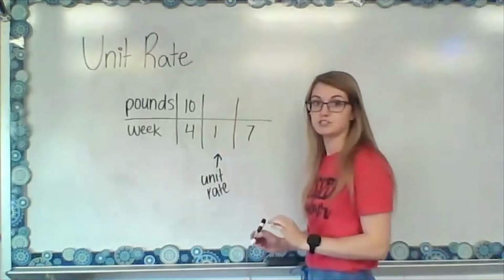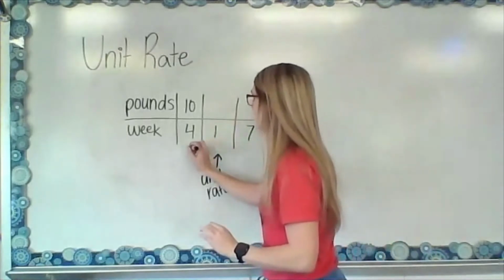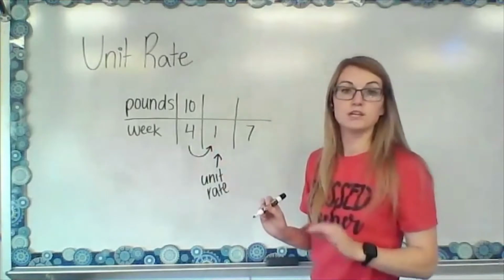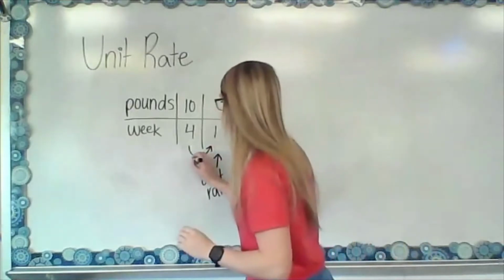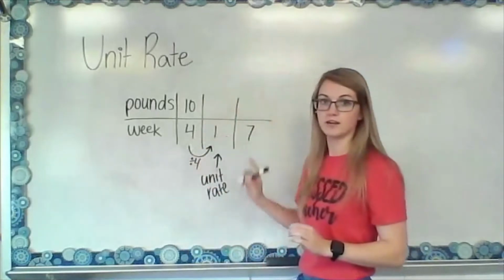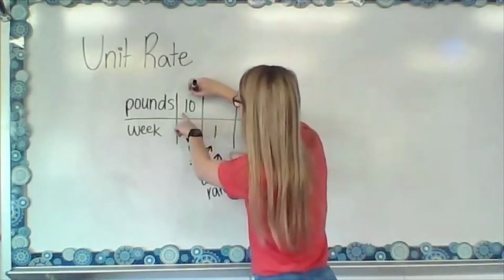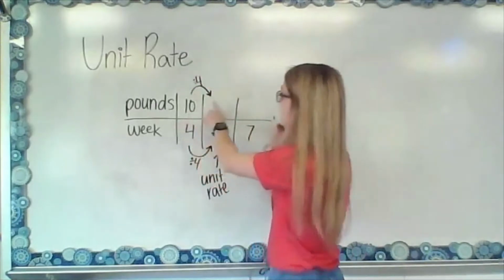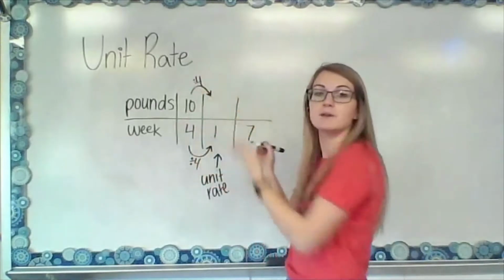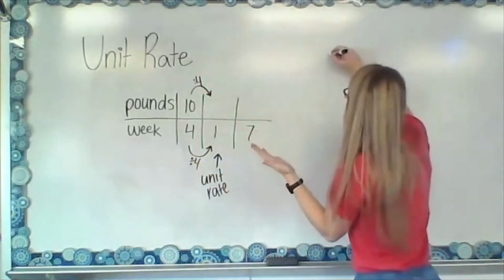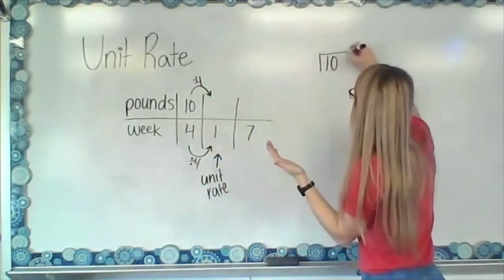You have to ask yourself, how do you get from 4 to 1? You would divide by 4. So 4 divided by 4 is 1. Now we have to do 10 divided by 4 because we have to do it to the top also. And that's going to be how many pounds we have in 1 week. I can't do that in my head, so I'm going to go 10 divided by 4.